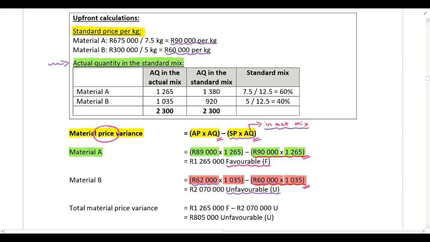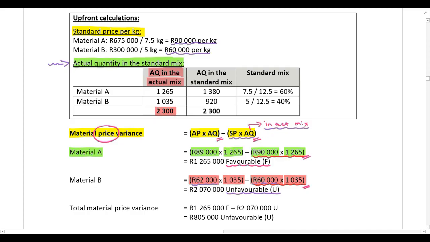All right, first guys, the actual quantity in the actual mix, that comes directly from the information provided in the question. They actually used 1,265 kilograms of material A and 1,035 kilograms of material B. That's what they actually used in the actual mix. In total, they actually used 2,300 kilograms.